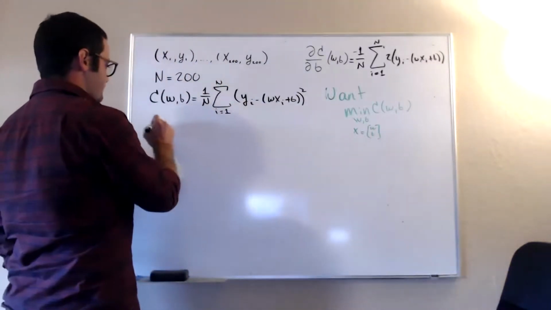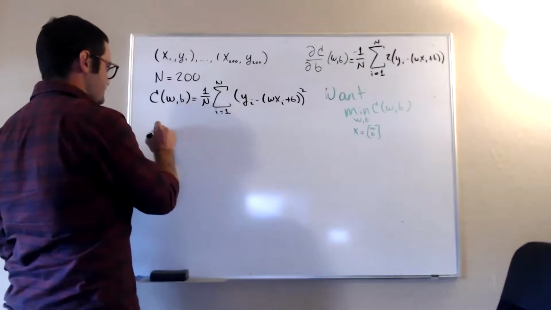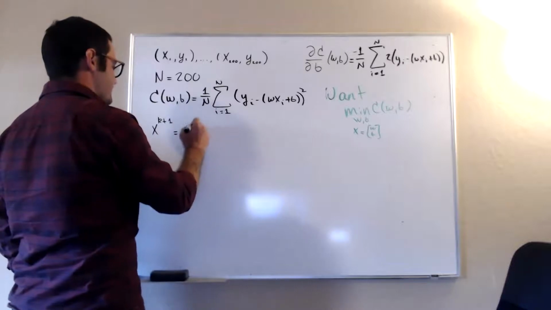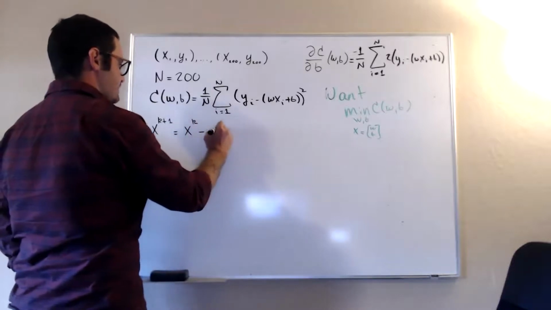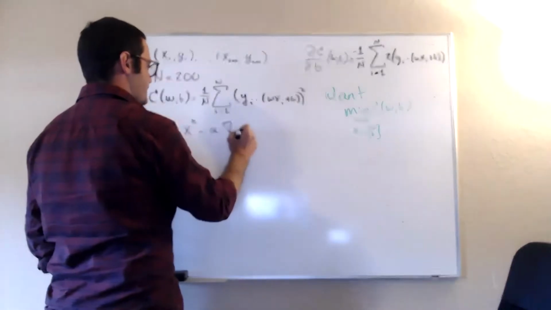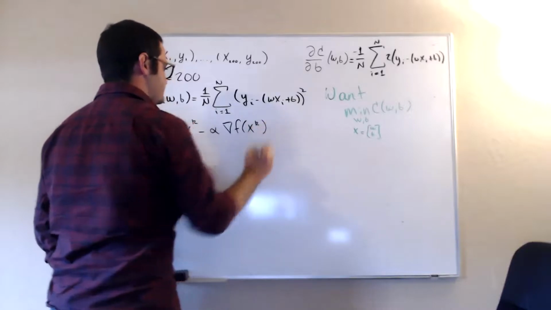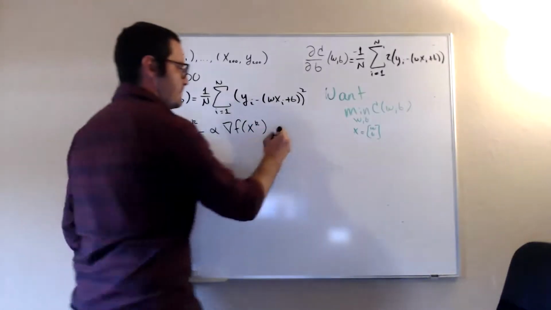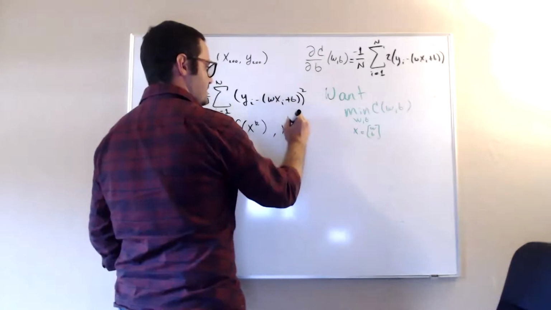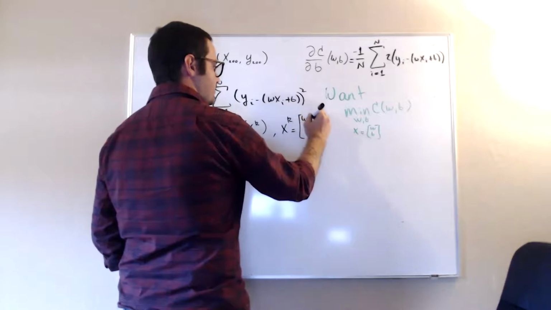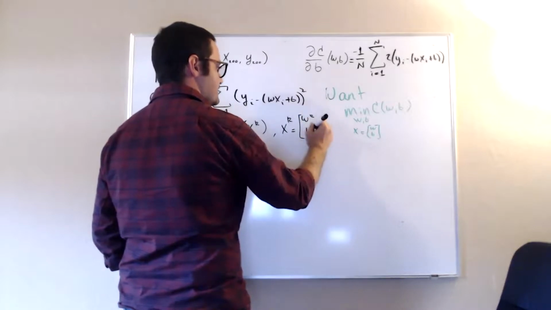All right, so then what we want is x_(k+1) to equal x_k minus alpha times the gradient of f at x_k, where x_k is just equal to some weight at k and some bias at k.